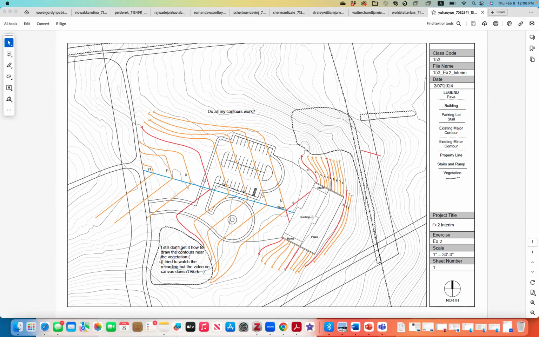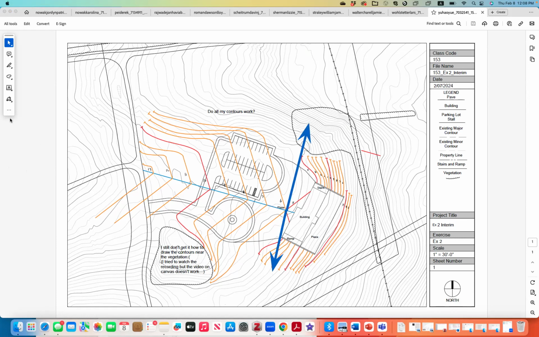If we keep the grid like this, we could move the building. The reason that I'm suggesting this is you can see that your swale is actually draining toward the corner of your building, right? So that's what we are trying to avoid.